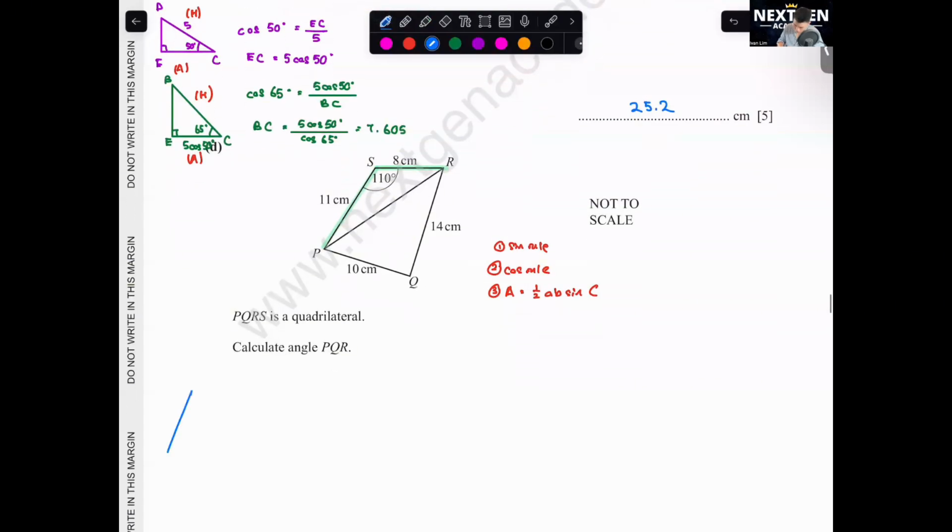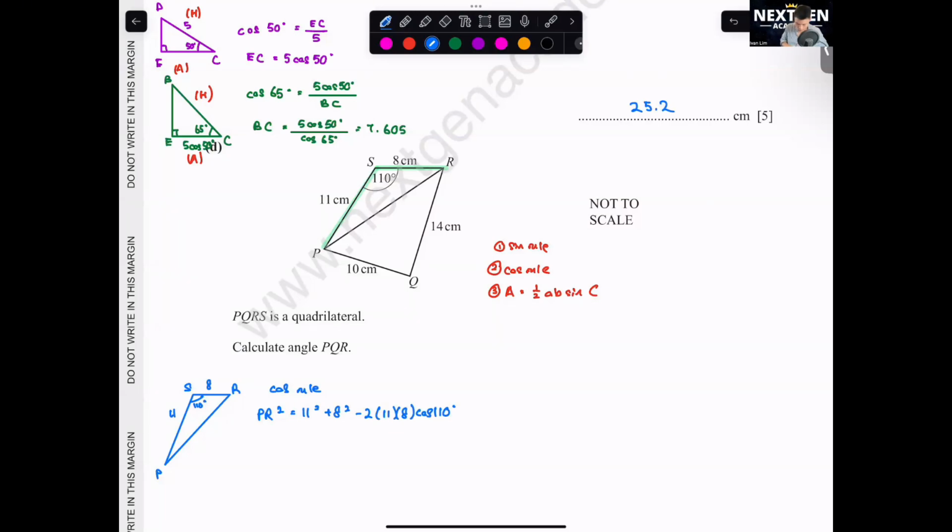Let me draw this out for y'all. SRT. This is 110 degrees. This is 11, this is 8. We're going to use cos rule. So cos rule is PR square equals 11 square plus 8 square minus 2 times 11 times 8 cos 110 degrees.